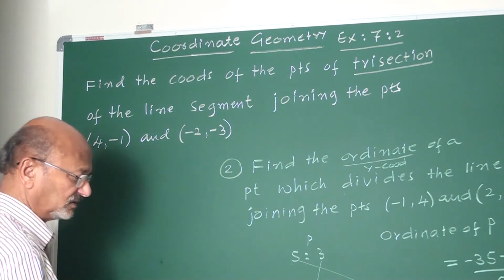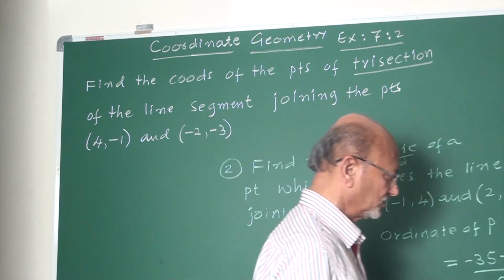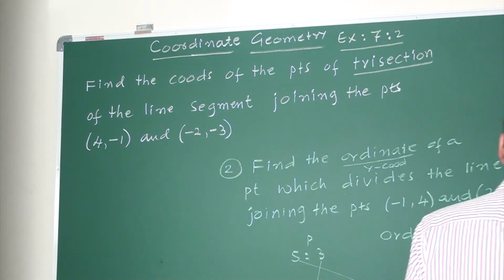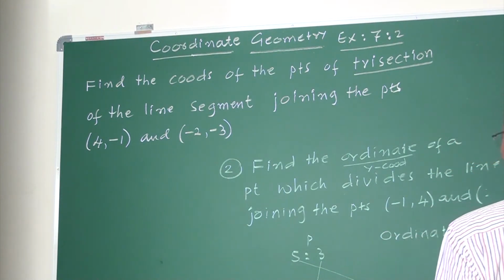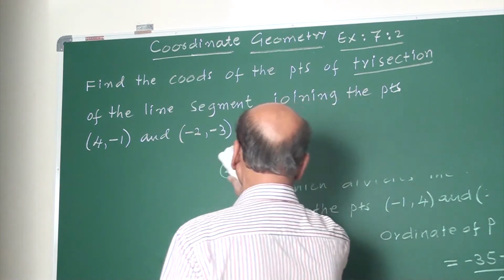To find the trisection of the line, trisection means 3 equal parts.